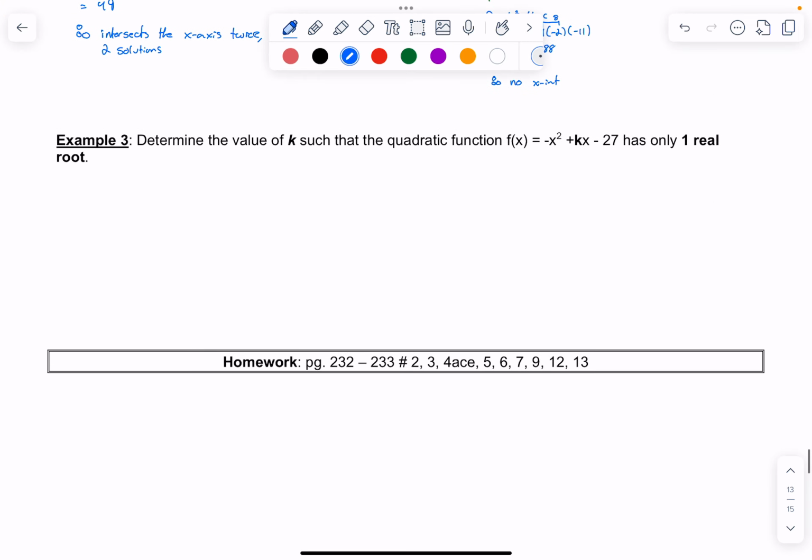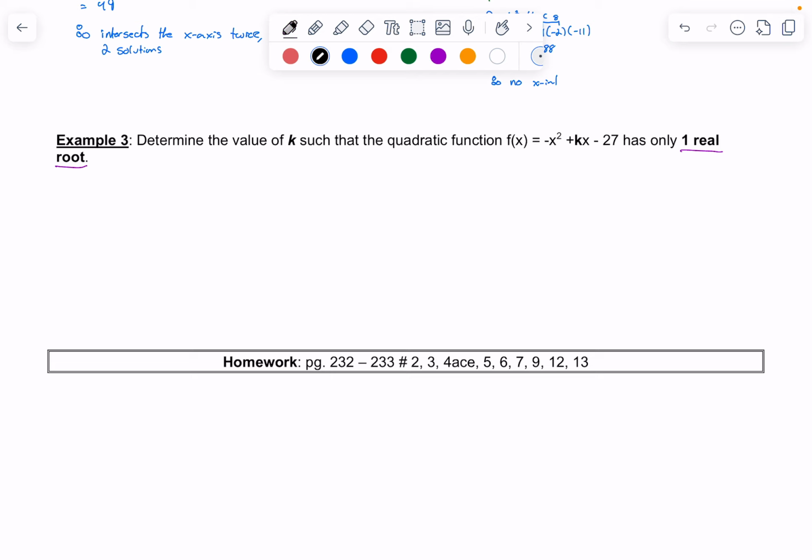All right, determine the value of k such that the quadratic function f of x equals negative x squared plus kx minus 27 only has one real root. I love these types of questions. This really tells me if you understand the problem. So I'm telling you it has one real root.